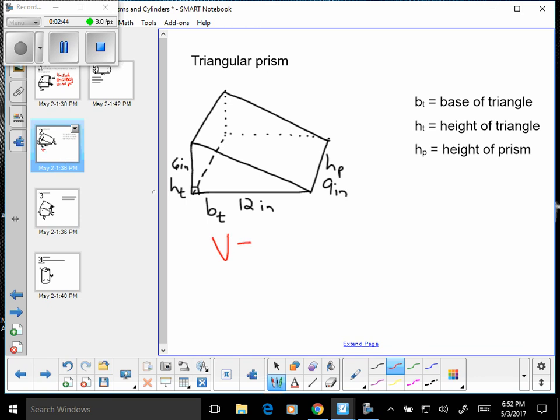Well, the area of a base in this case is this triangle right here. Area of a triangle is 1/2 BH, but we're going to call it B sub T, and H sub T, designating that we're going to use the base of the triangle and the height of the triangle. And then if you recall from the slide before this, you're going to take it times the height of the whole prism.